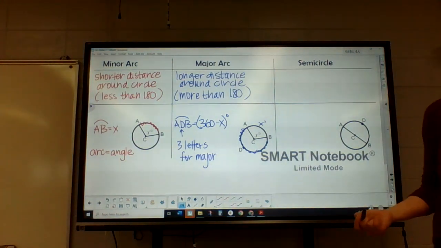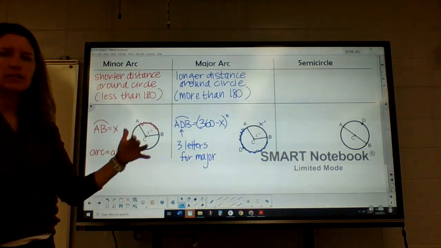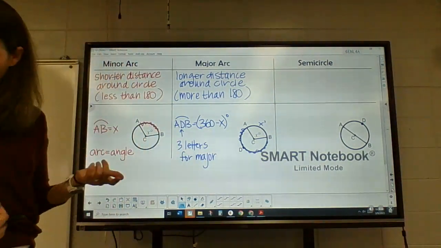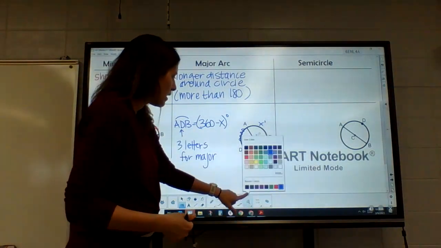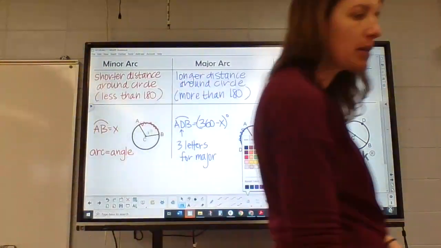And the last one is a semicircle, and I remember in kindergarten our teacher telling us to sit in a semicircle. It means just a half circle. So it's just halfway around. And so when we talk about this one, we say the endpoints are on the diameter of the circle.